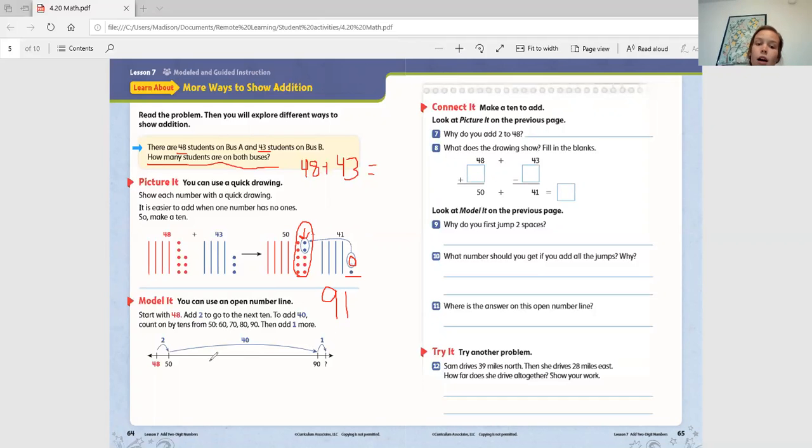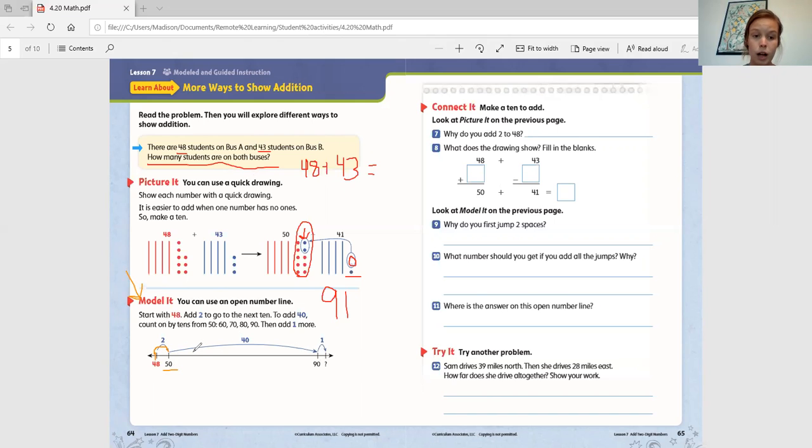Now, it also has us using a number line down here. So I'll change my color so that we can all see where I am. I'm going to start at 48, and it has us jumping first by 2 to get to our next friendly number, 50. And then it has us going all the way by 40 more. So it's going to go from 50, jump all the way to 90.